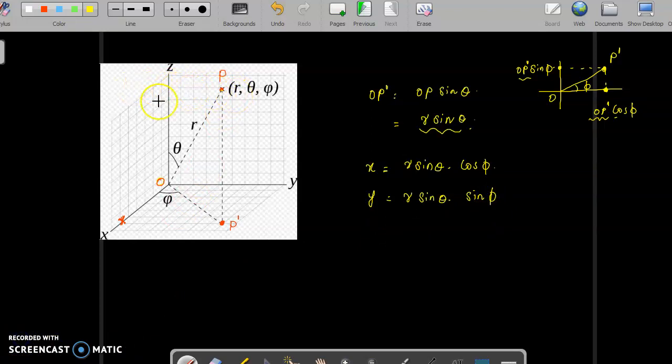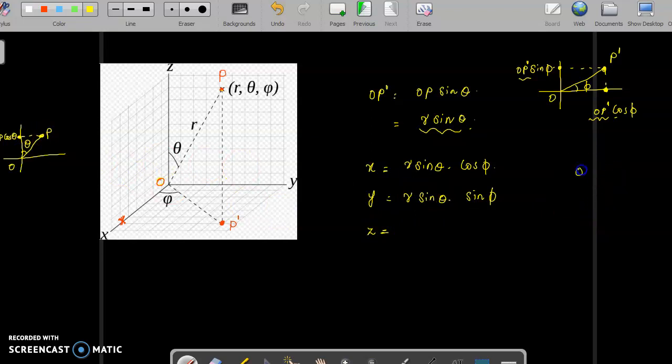Look at the projection of the P on Z. Let us take it as Z. This is P, OP, not OP dash, OP. Then this is angle theta. Then the projection of the P on Z is OP cos theta. So Z we can write down as OP cos theta. So what is OP?